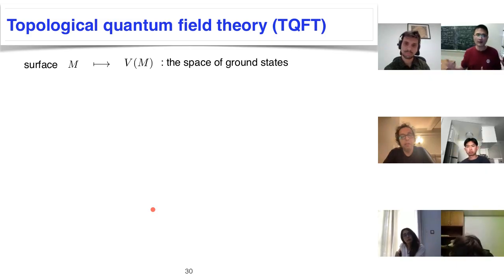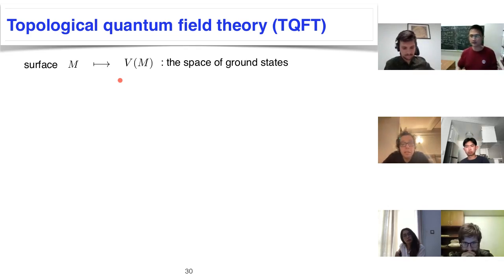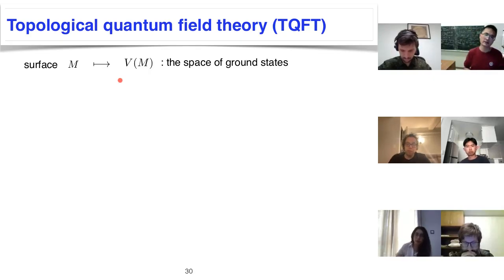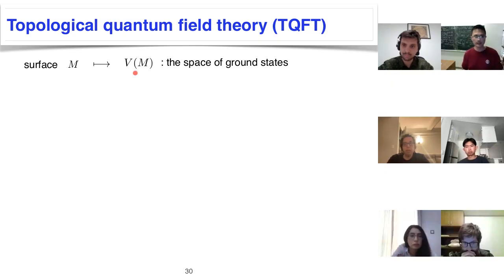In general, we can define the model on an arbitrary surface, let's say a surface M. Then the ground state space on such a surface is a topological invariant. It's stable under local perturbations, and we call that an invariant of the surface. We denote that vector space by V(M). So for any surface, we associate the space of ground states.